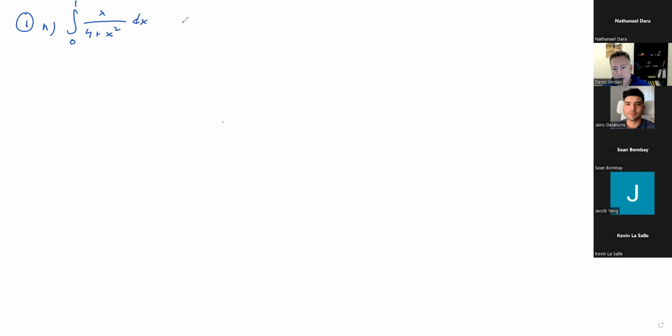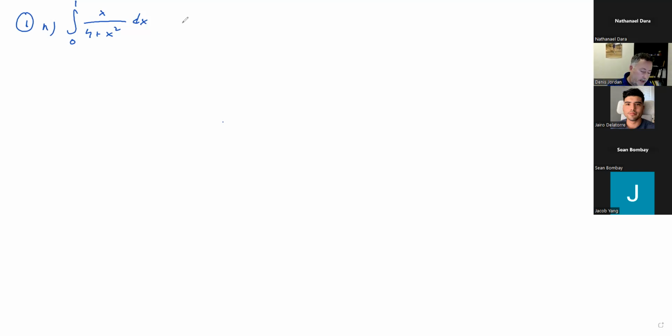Anytime I encounter a fraction, I'm going to see if it fits one of those LNs, because if it does, then I automatically have an answer. If it doesn't, then I can either tweak it a little bit so it fits an LN, or I'm going to have to try and fit something else, like a u-sub or an inverse trig function.